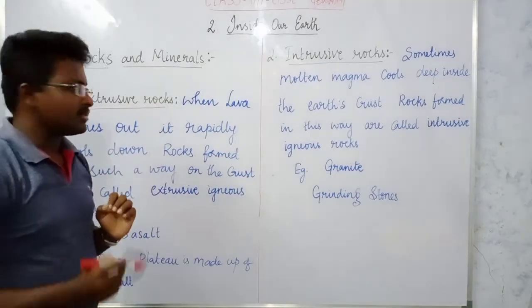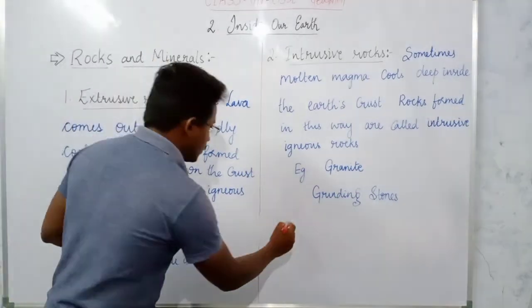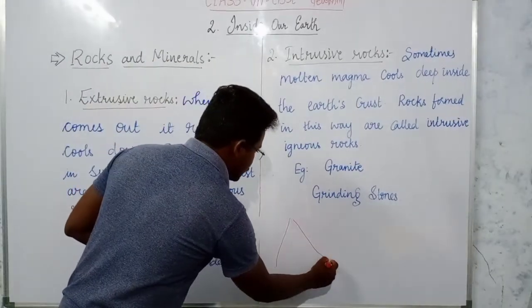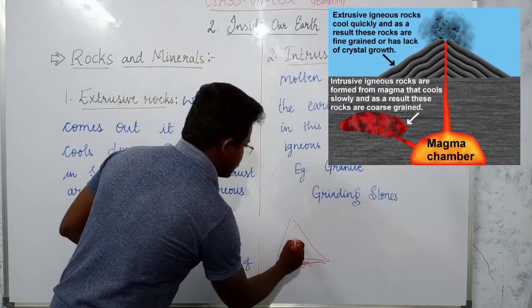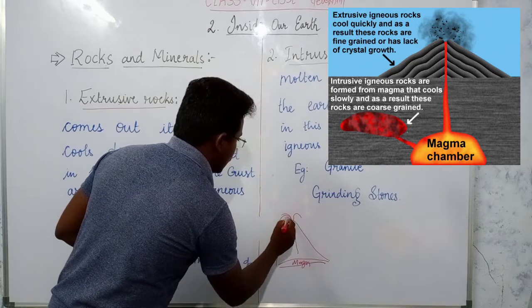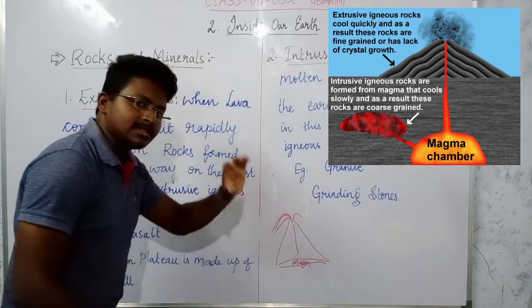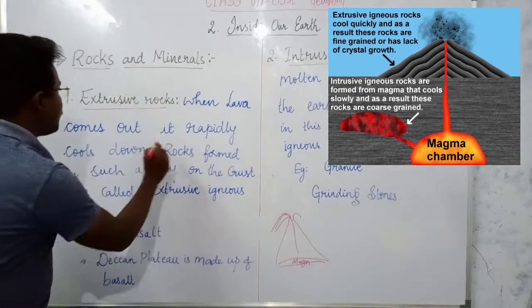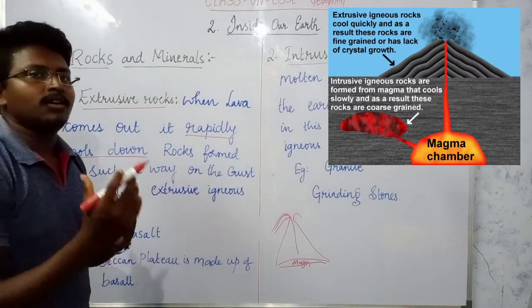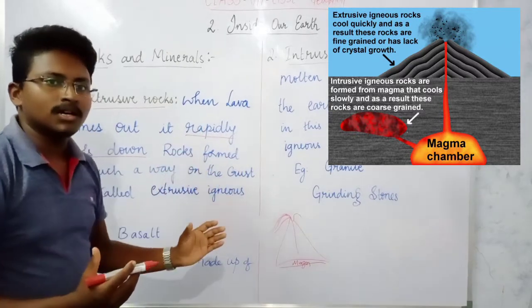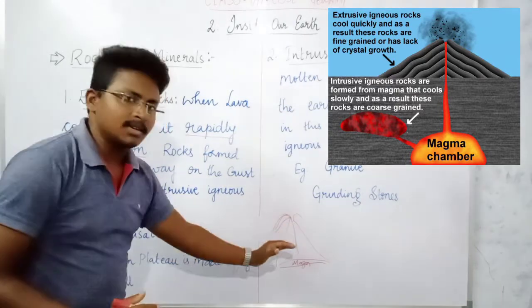Extrusive rocks means, for example, as I told, magma inside comes out as lava, and whenever this lava comes out, it rapidly cools down, because the temperatures on the surface of the earth are very cool compared to inside the earth.